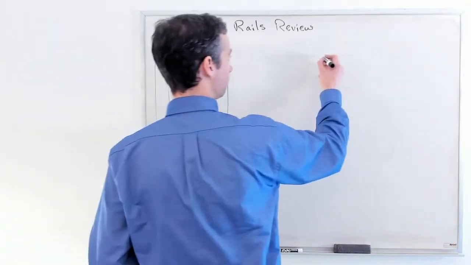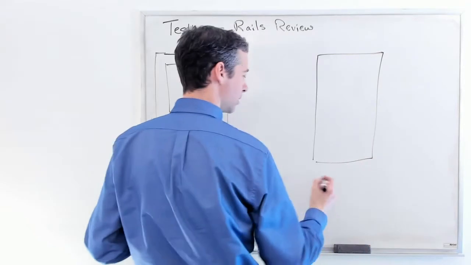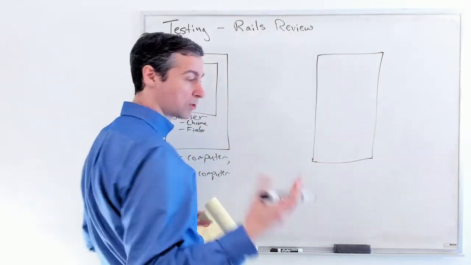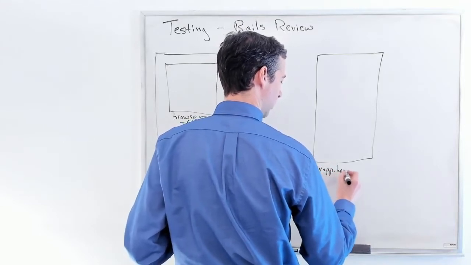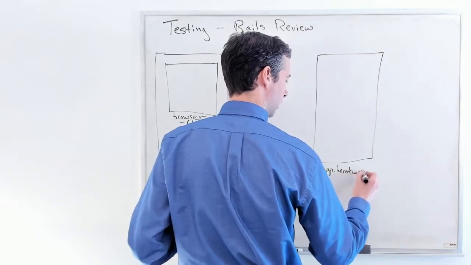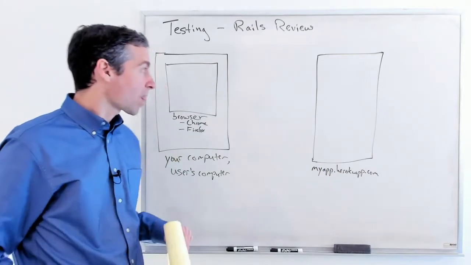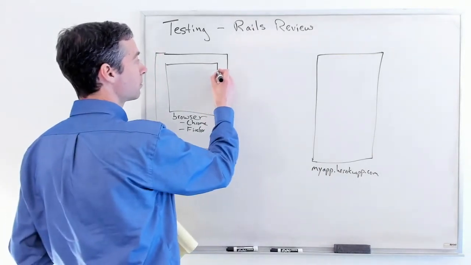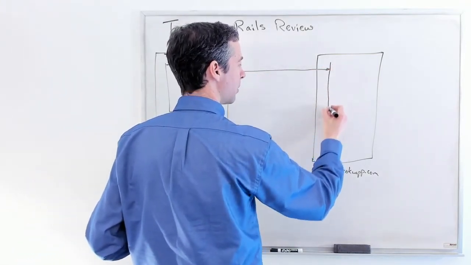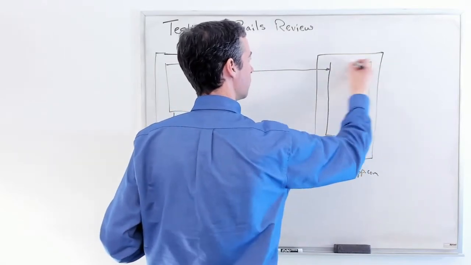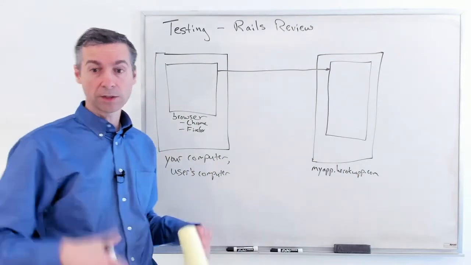And so, for example, you might have a computer out here that you're hosting your app at. Maybe it's my app at Heroku app.com. So there's some other computer out here running on the internet, and the web browser makes a request to that computer, and that request, based upon the port, gets routed to the web server, which is a program running on this computer.